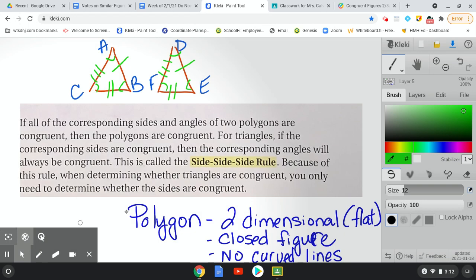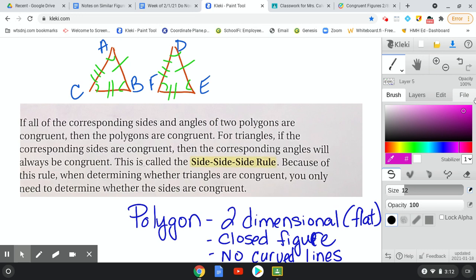So to be more specific, if side AB, let's say, was 5 centimeters and DE was 5 centimeters. Let's say FE was 3 centimeters, CB was 3 centimeters, FD was 5 centimeters, and CA was 5 centimeters.